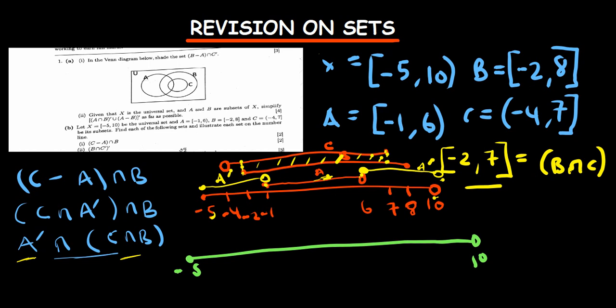Right, so now I need to plot my A complement. What did we find the A complement to be? It was going from negative 5 to negative 1.